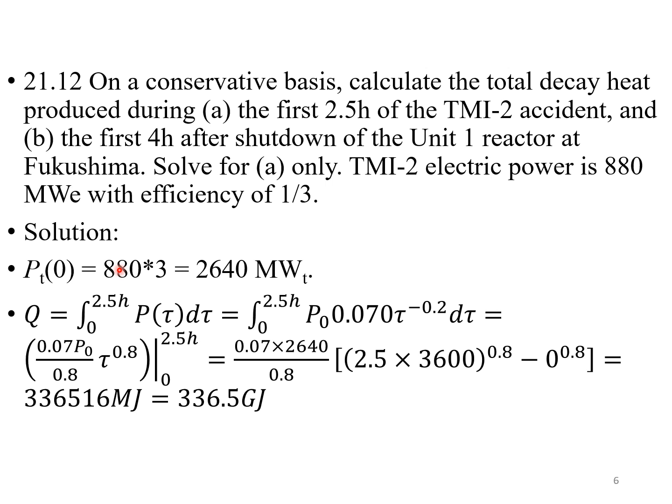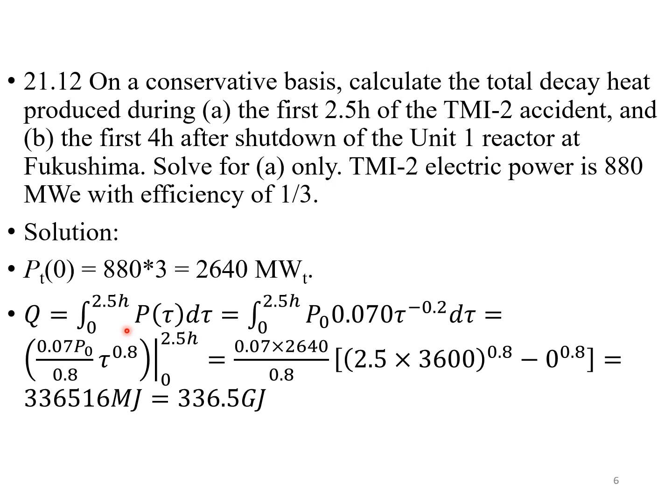Then next, we calculate the total heat produced within the first 2.5 hours. Power times time will be the heat. For the decay heat, the decay heat power is a function of time. Therefore, we need to use integration.